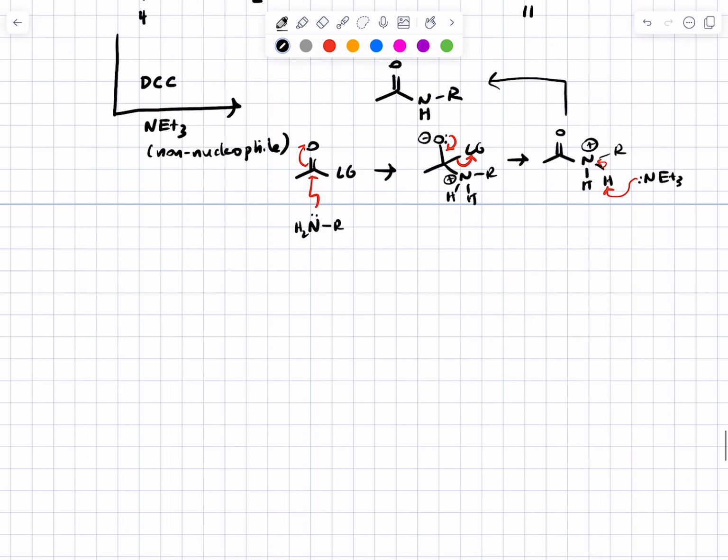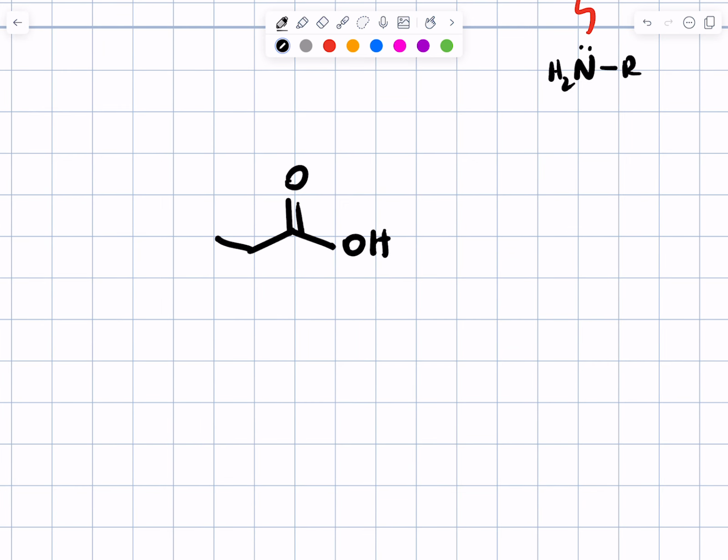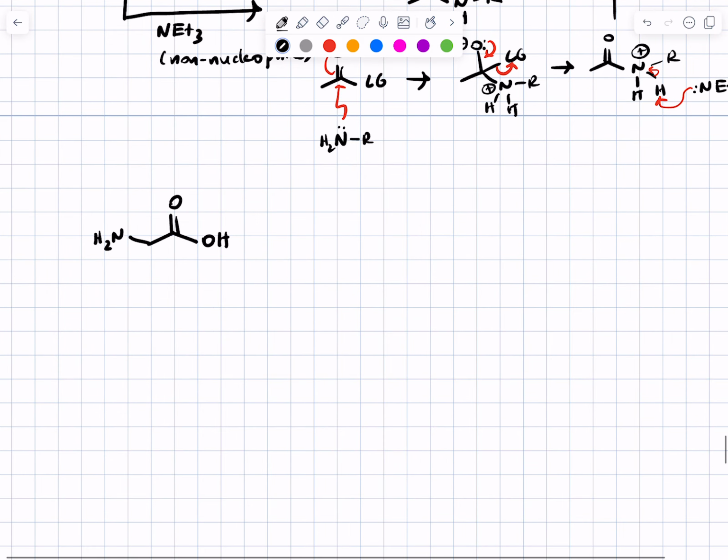The complication, of course, is if you want to make amide bonds using amino acids. And I'm going to give you the simplest alpha amino acid that there is. This is called glycine. The problem, of course, is that this molecule has its own competing amino group.